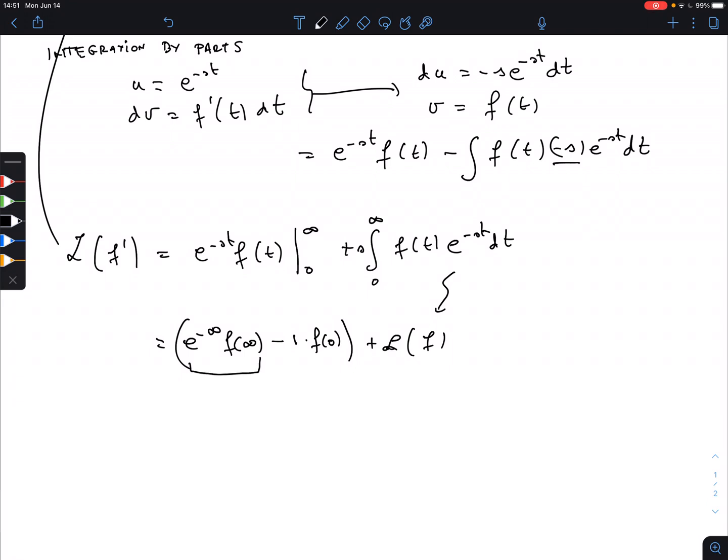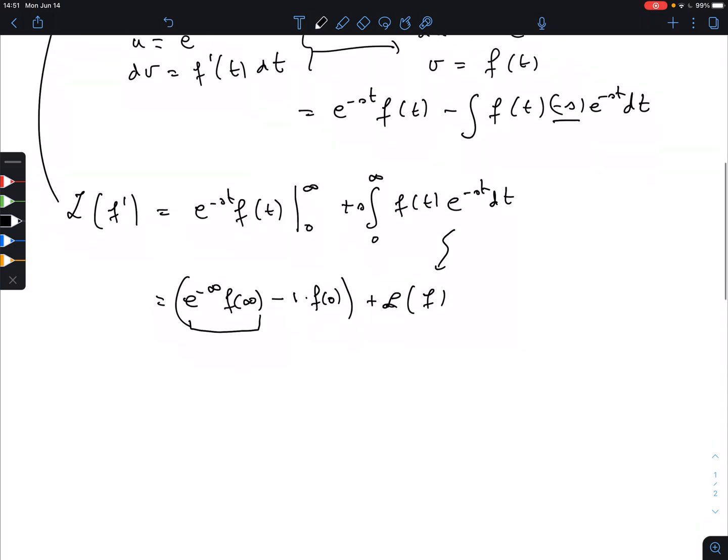And this is where I need to invoke something that I just briefly went over. In order for the Laplace transform to exist, this has to be 0. So if you want a function that has a Laplace transform, well, I shouldn't say that's the only thing, but we will only look at functions that satisfy this growth condition, because this is a growth condition if you think about it.